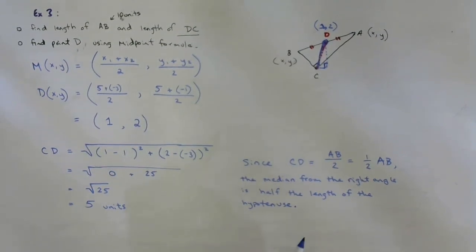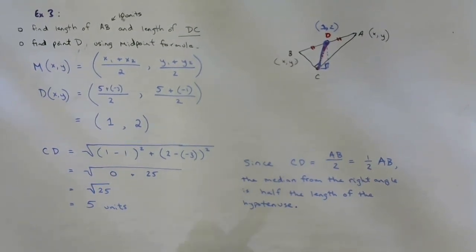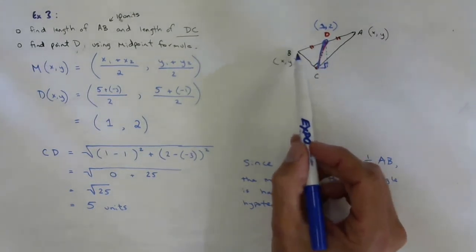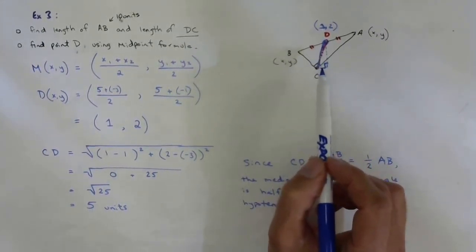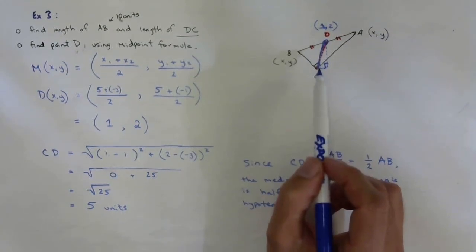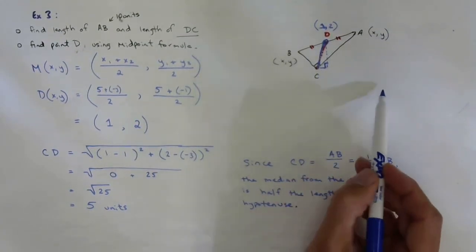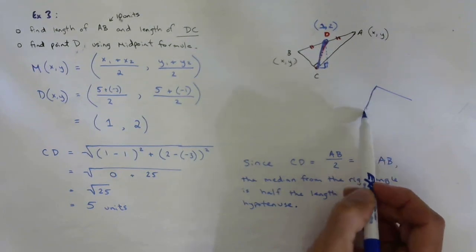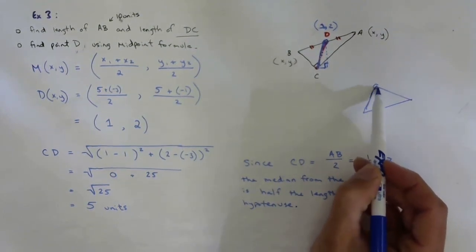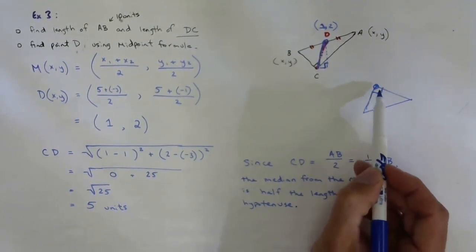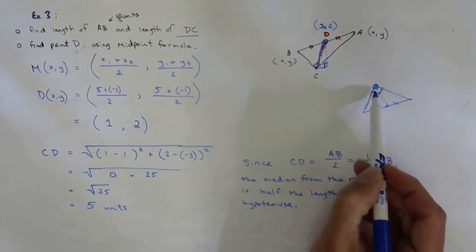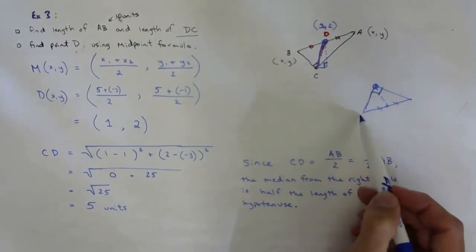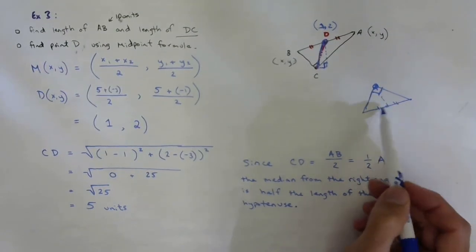Now that we've done an example using the median of the right angle in a right triangle, you actually now need to know that property. This will be true in every right triangle in the whole world: the median from the right angle is going to be half the length of the hypotenuse every single time.